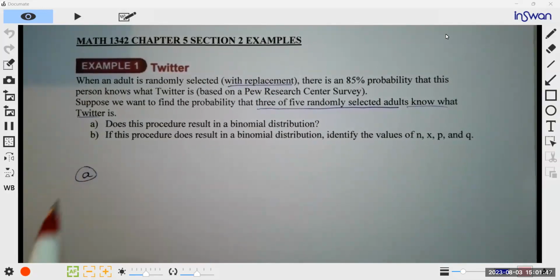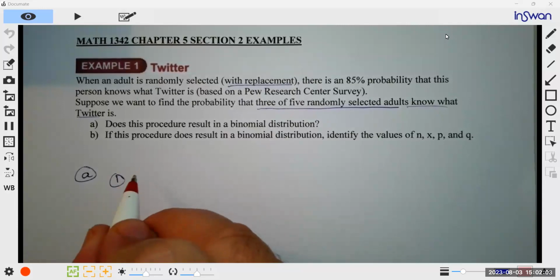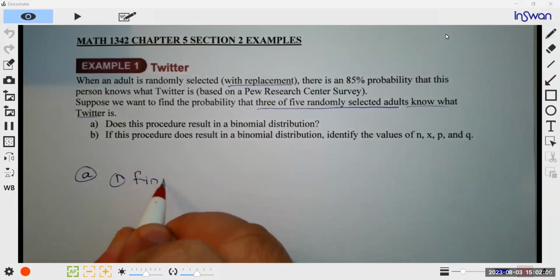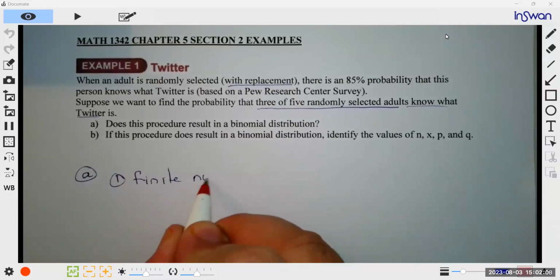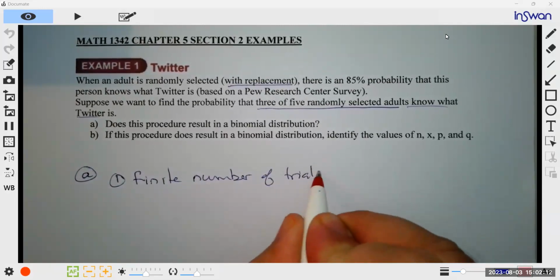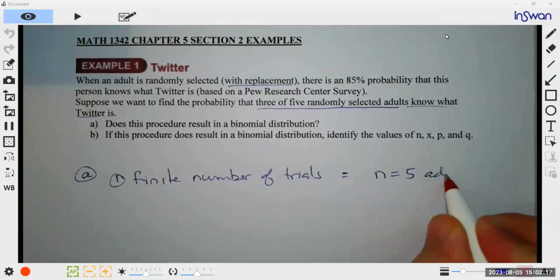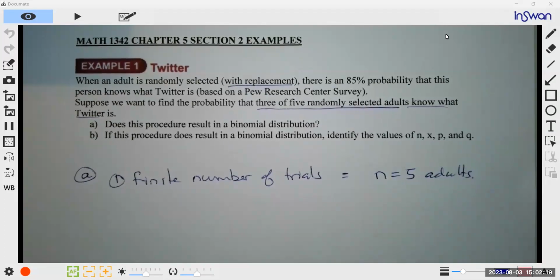So let's look at the first one. Does this procedure result in a binomial distribution? Remember, we have those 4 conditions. Finite number of trials, N equals 5 adults. So it is finite.